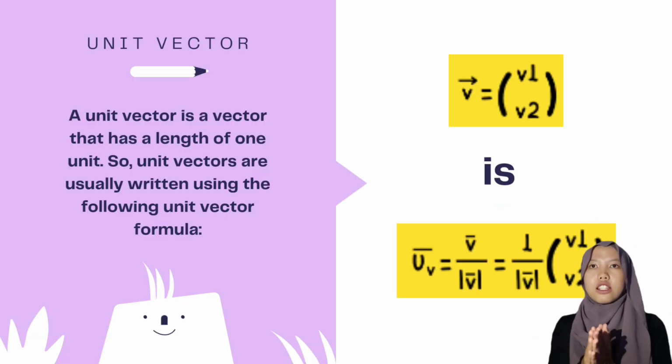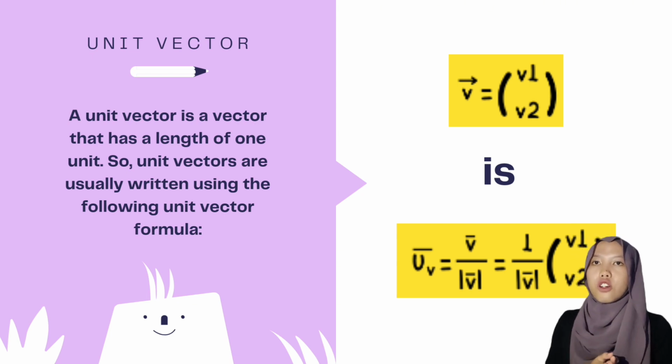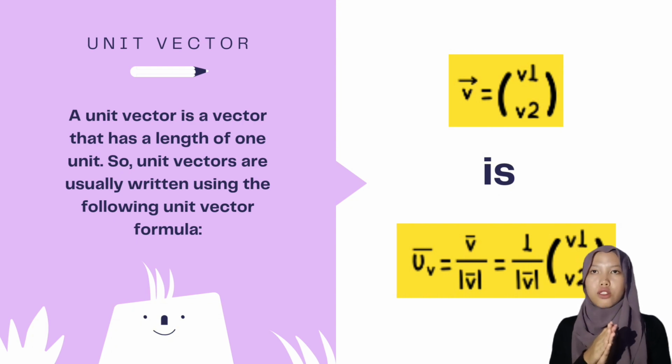Okay, next are unit vectors. A unit vector is a vector that has a length of 1 unit.